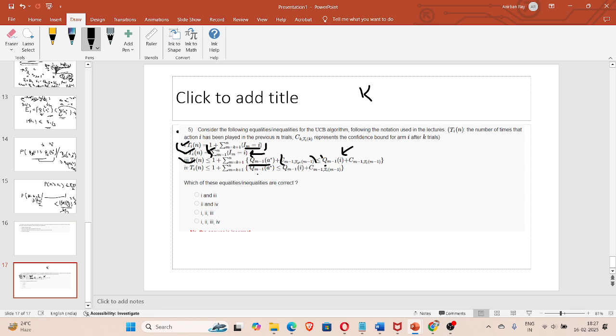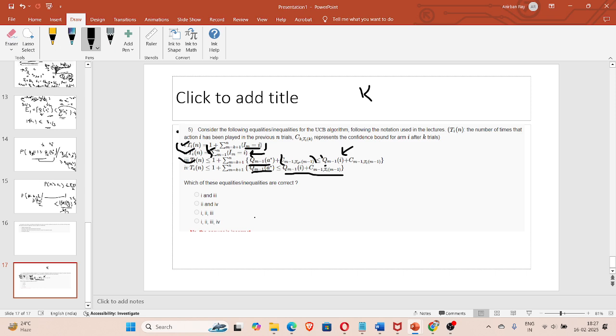Okay, next we are comparing this one. Here the fact is, we are taking the upper bound for the ith one, but only taking the middle estimated value for the A star one.